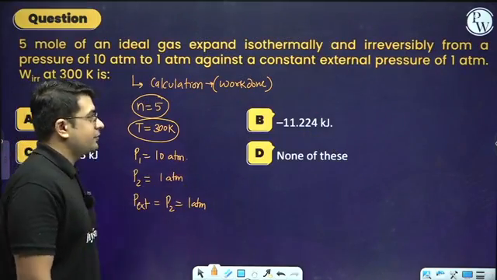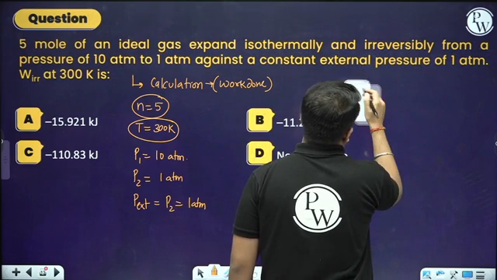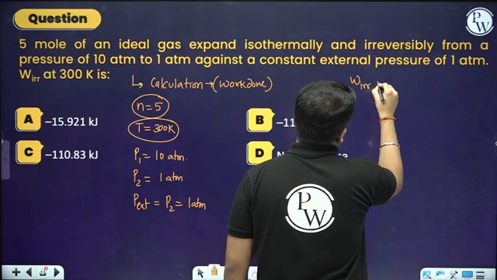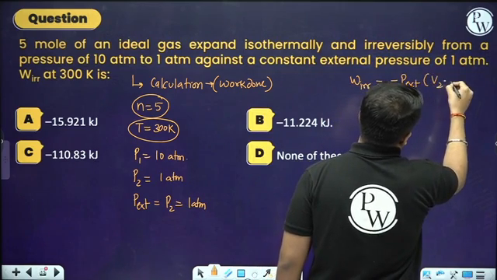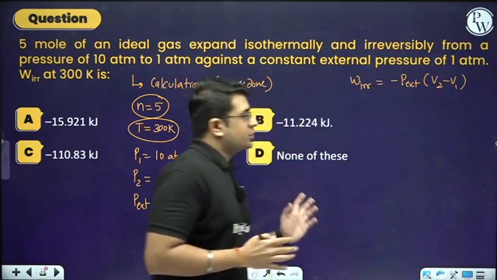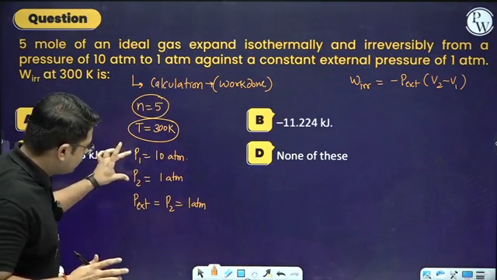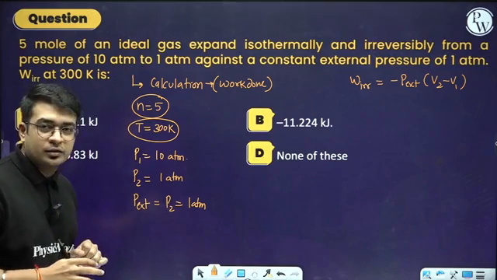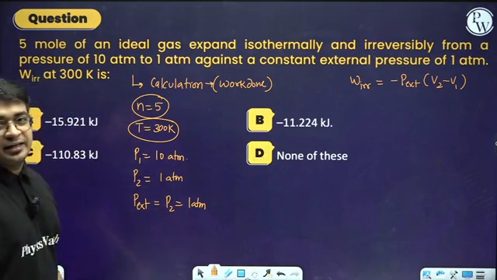Like in this case, if I talk about the W irreversible part, I know that this particular part is minus P external (V2 minus V1). Now in this question, V2 and V1 are missing, only P1 and P2 are given. So you have the information of P1 and P2, you have the information about n, you have the information about T. Can you apply the ideal gas equation?